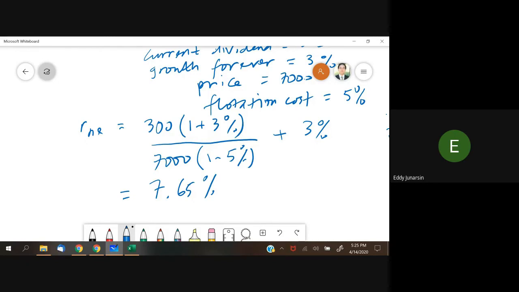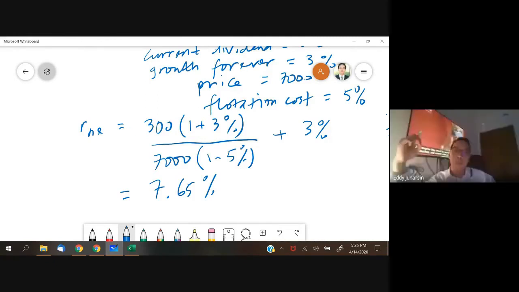So this is the required return by new stockholders, or to us, the cost of new equity, right? So actually, it's the same as the cost of existing equity, but we make an adjustment for the flotation cost in the denominator.